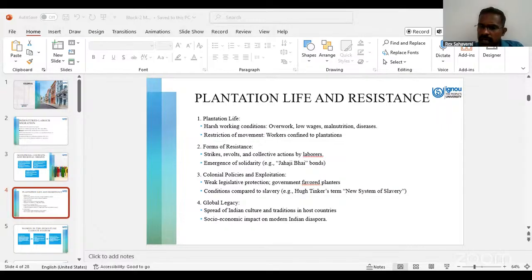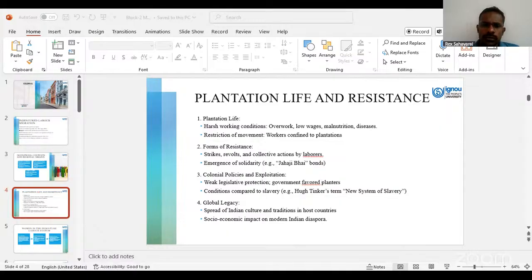So we should know that a person was licensed by the British government to recruit people, and there were rules and regulations for recruitment.